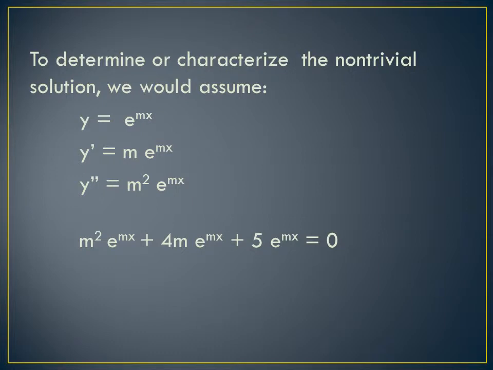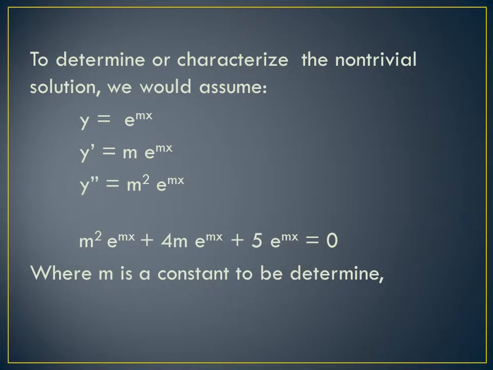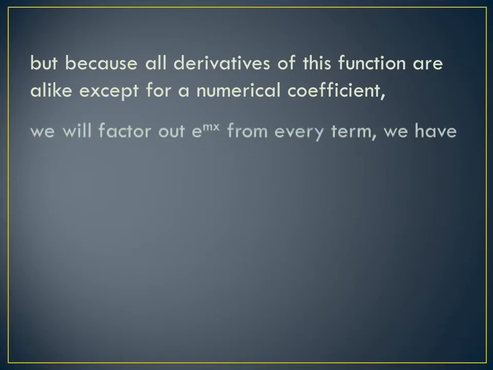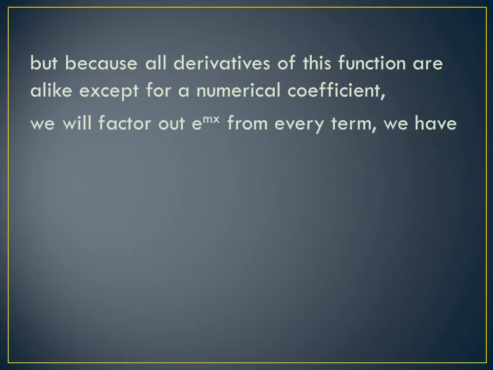Now it will become m^2 e^(mx) + 4m e^(mx) + 5e^(mx) = 0, where m is a constant to be determined. Because all derivatives of these functions are alike except for the numerical coefficient, we factor out e^(mx) from every term.